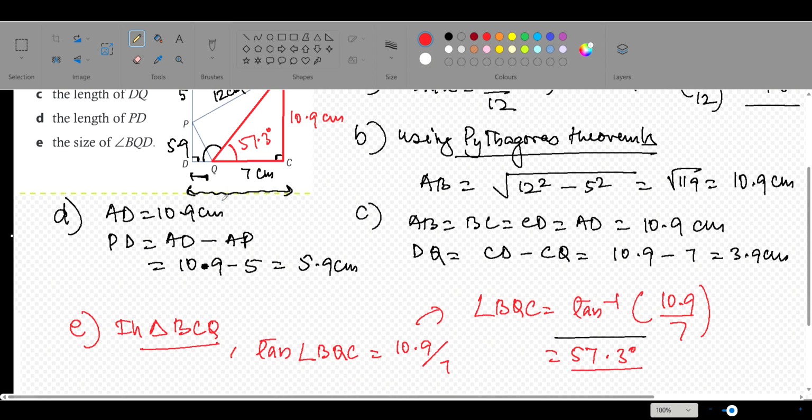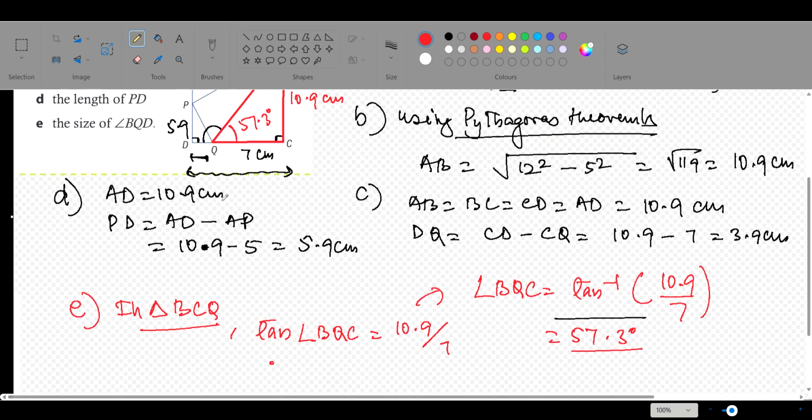Now BQD is what? Angle BQD. Therefore angle BQD is 180 minus angle BQC, right? A linear pair, angle on a straight line.